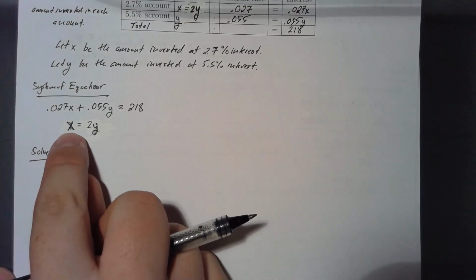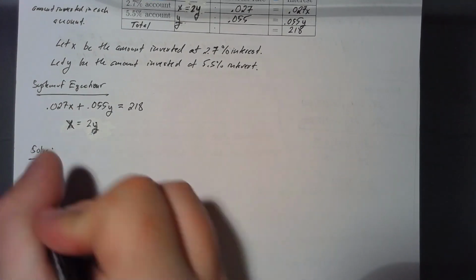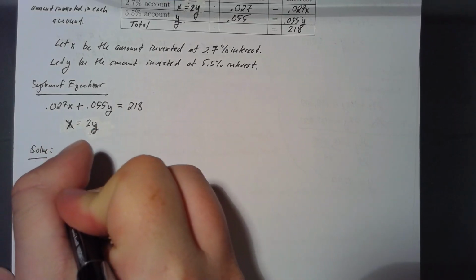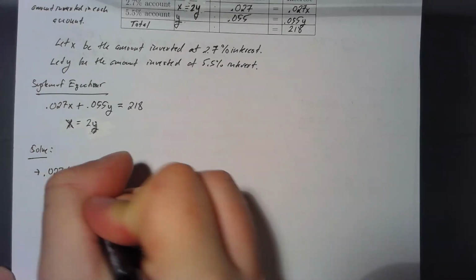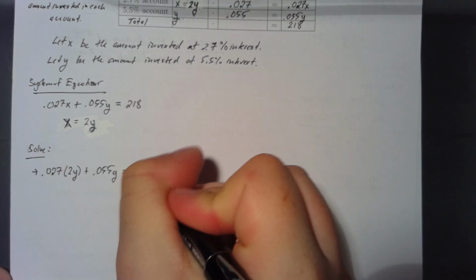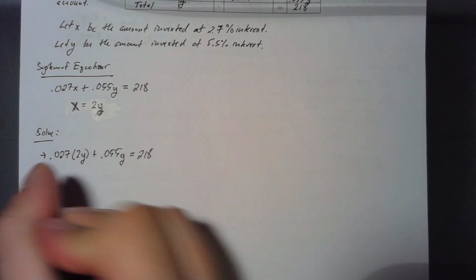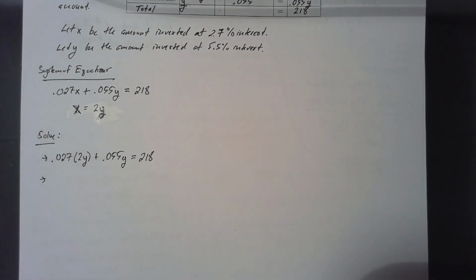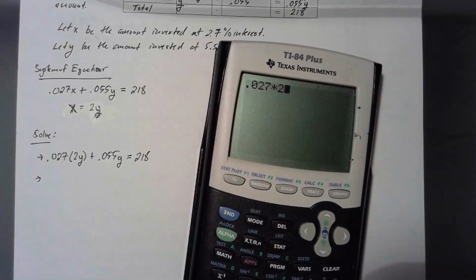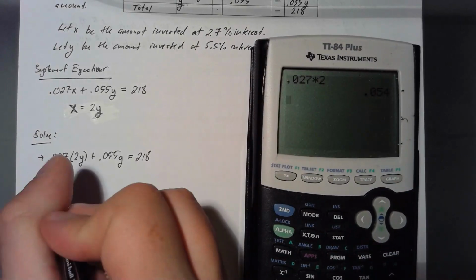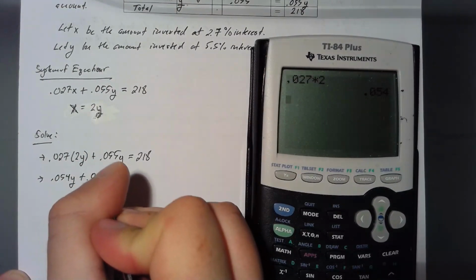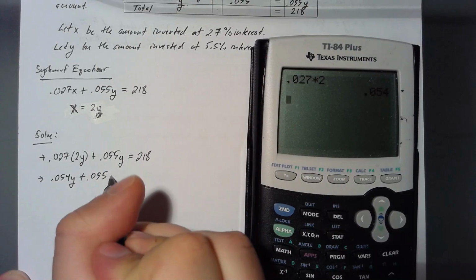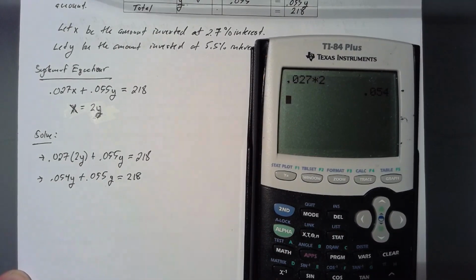So again, I could just take x and substitute it for 2y up here. So I'll have 0.027 times, so x is now going to become 2y, plus 0.055y equals 218. 0.027 times 2 is 0.054y plus 0.055y equals 218.